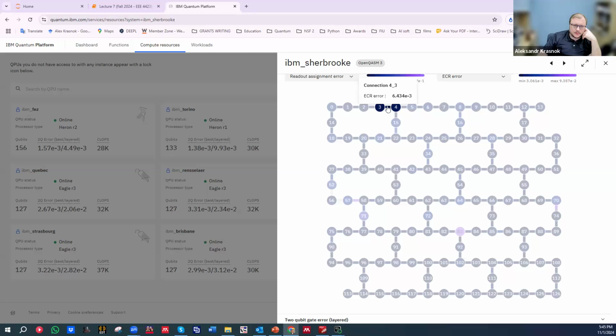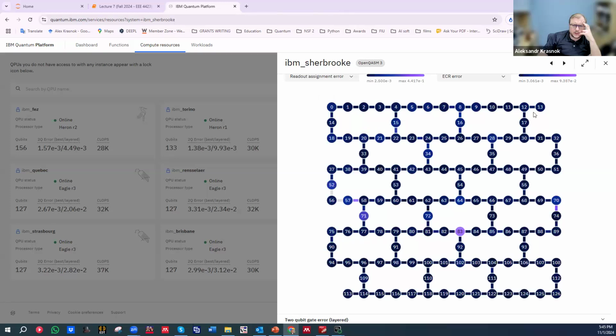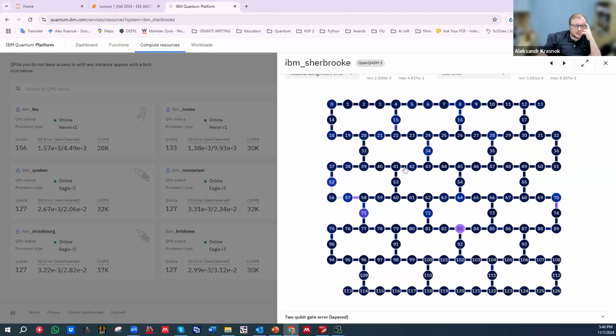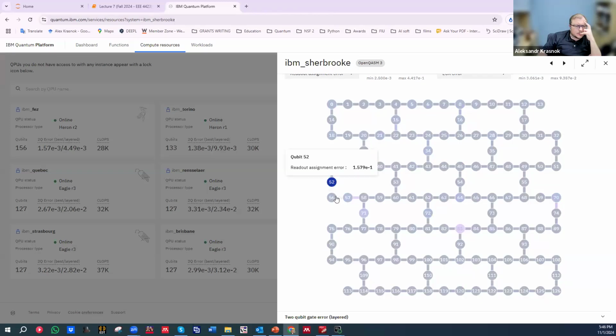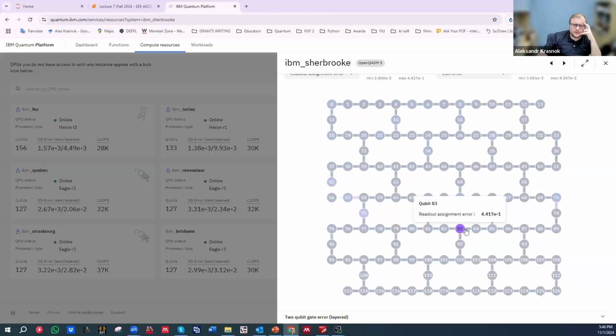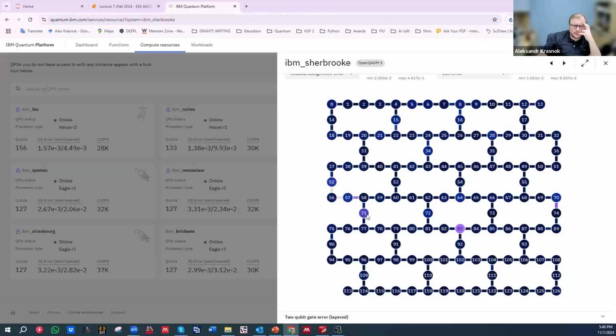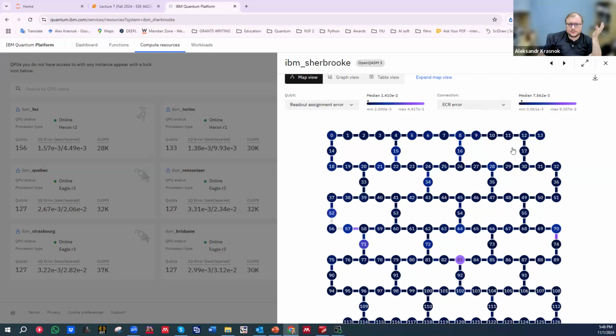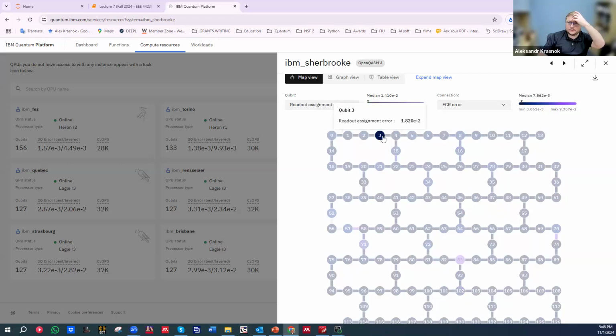Some of them are connected with 3 neighbors, others with 2 neighbors, and there are some qubits connected with just 1 neighbor. Different qubits are also indicated by different colors. Different color means readout error, so it's basically the quality of the qubit. The darker this color, the better the qubit.